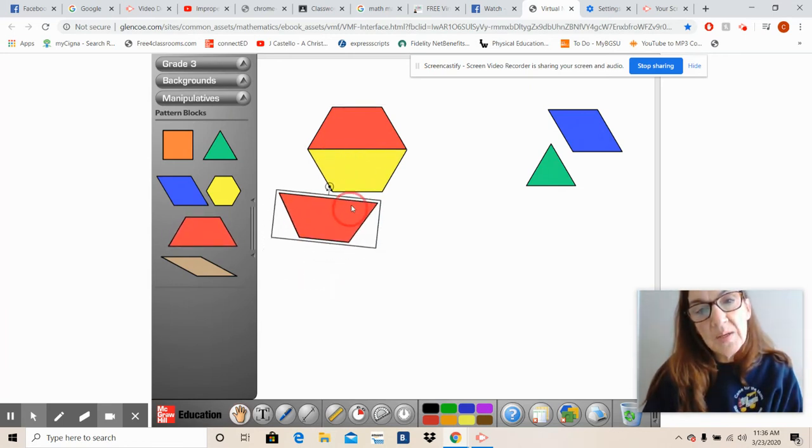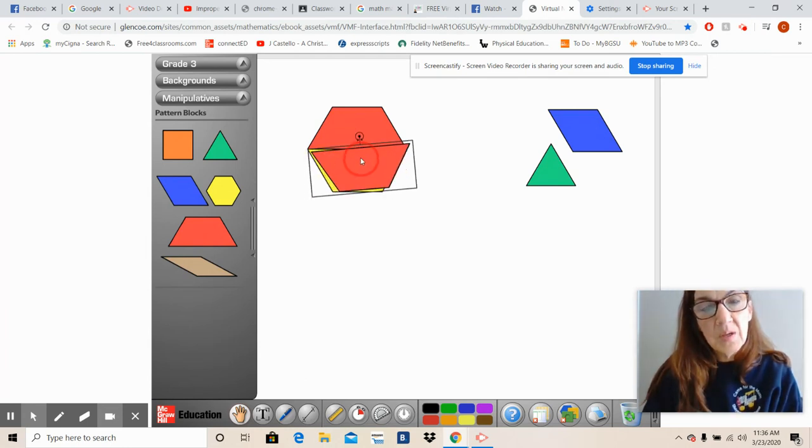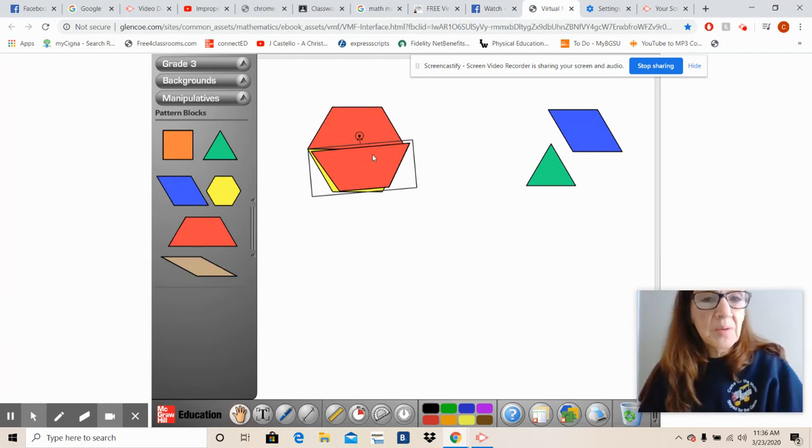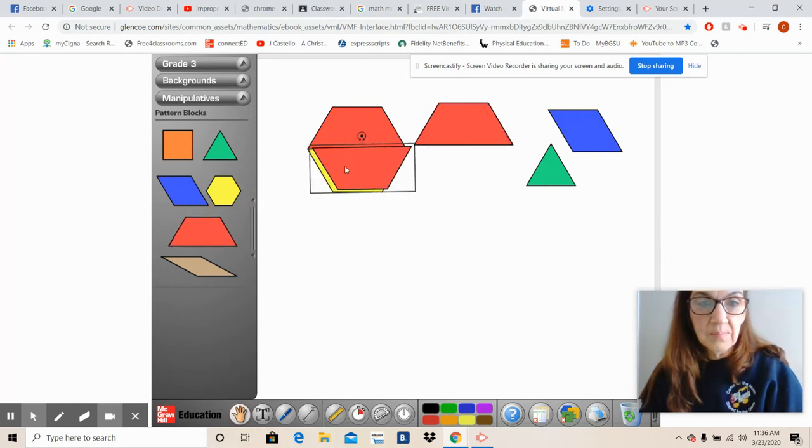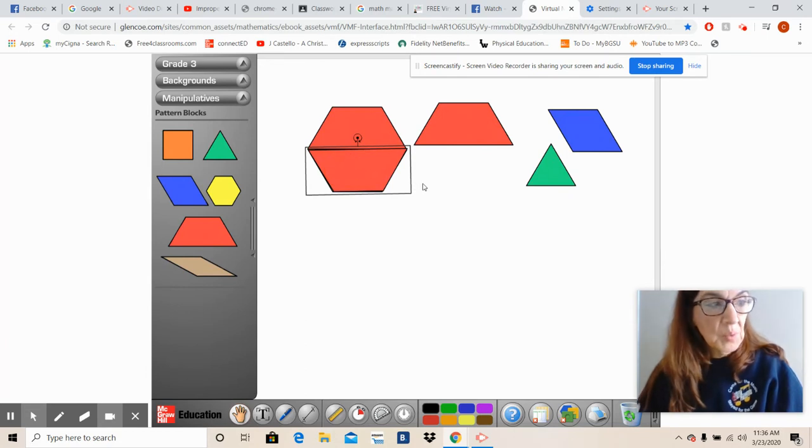If you said 1, you are correct. That would be 1 whole cake. So how much of the cake would we have if we had 3 red trapezoids? We would have 1 whole cake plus half more.